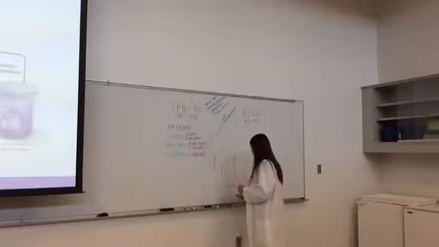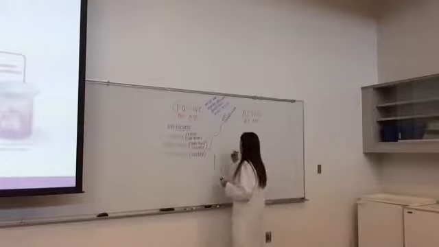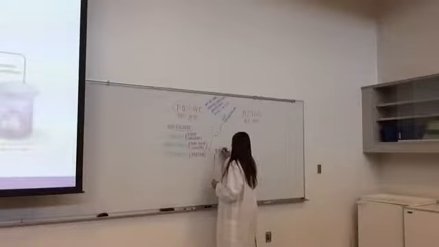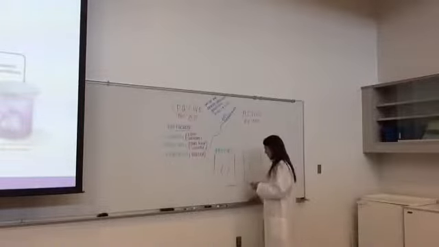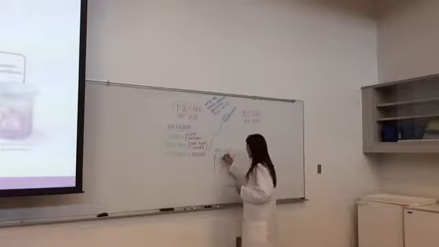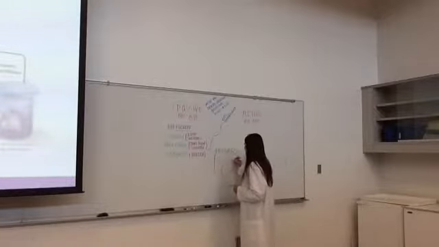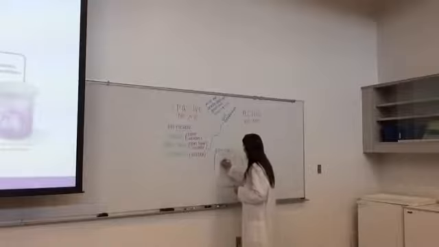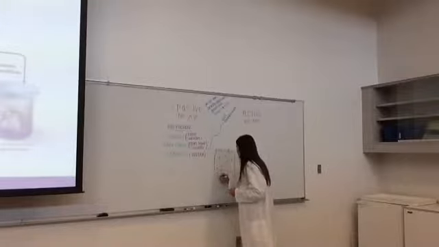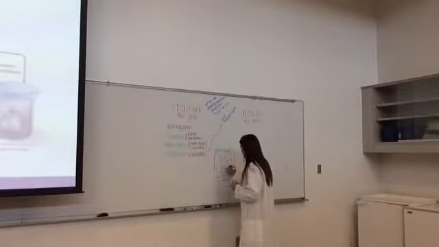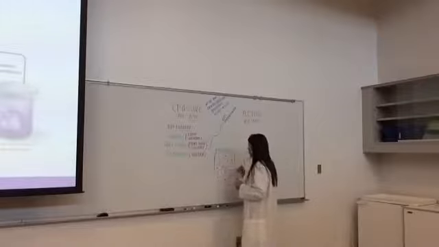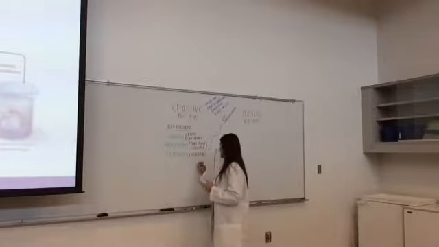Okay, I'm going to do hypotonic first. A hypotonic solution. In this case, I have a high concentration of water outside my cell and a low concentration of water inside my cell.